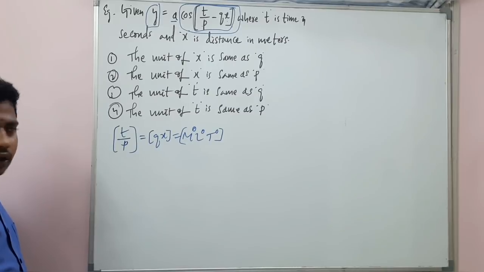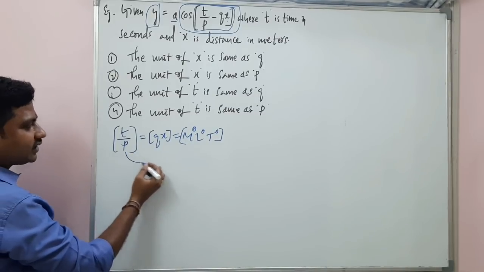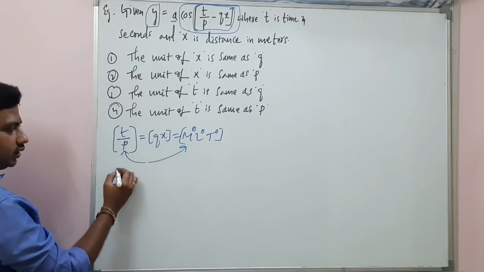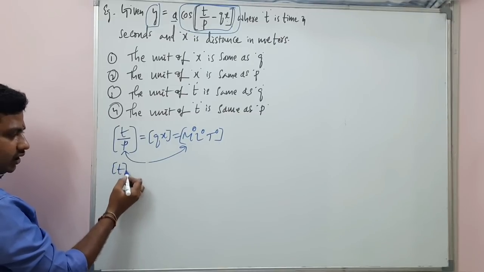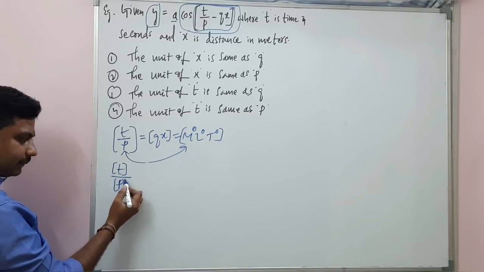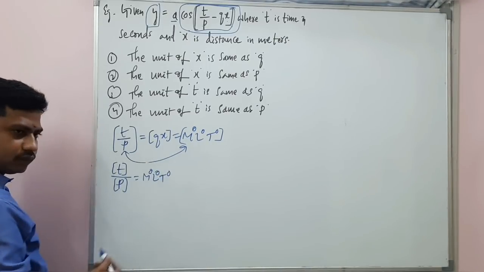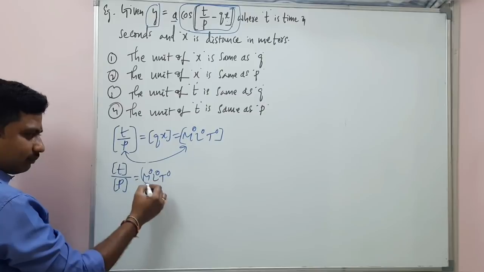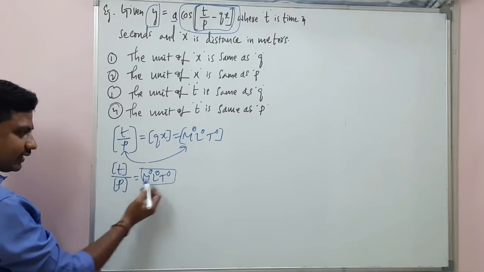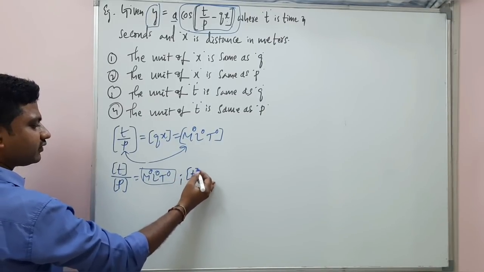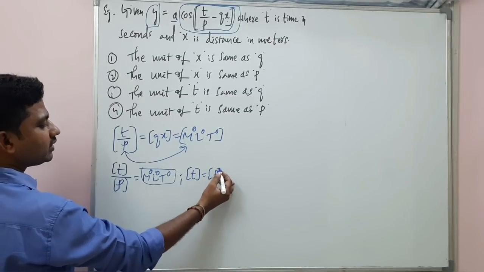So let's consider these two. Then you get t by p is equal to m0, L0, t0, and this value will be 1, and I can write it as the dimensions of t is equal to the dimensions of p.